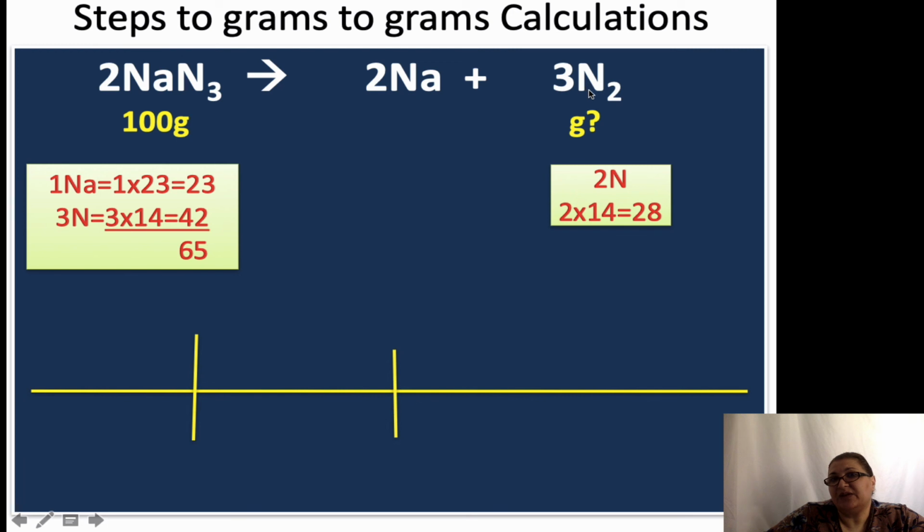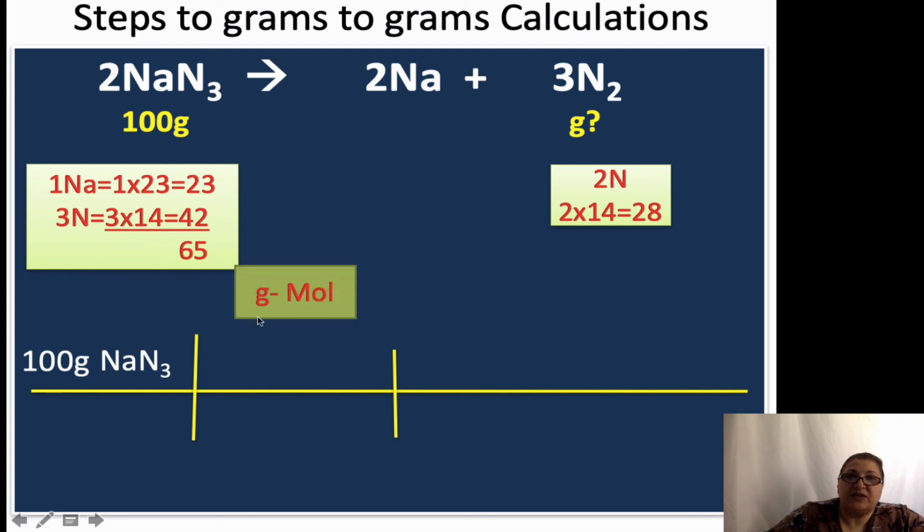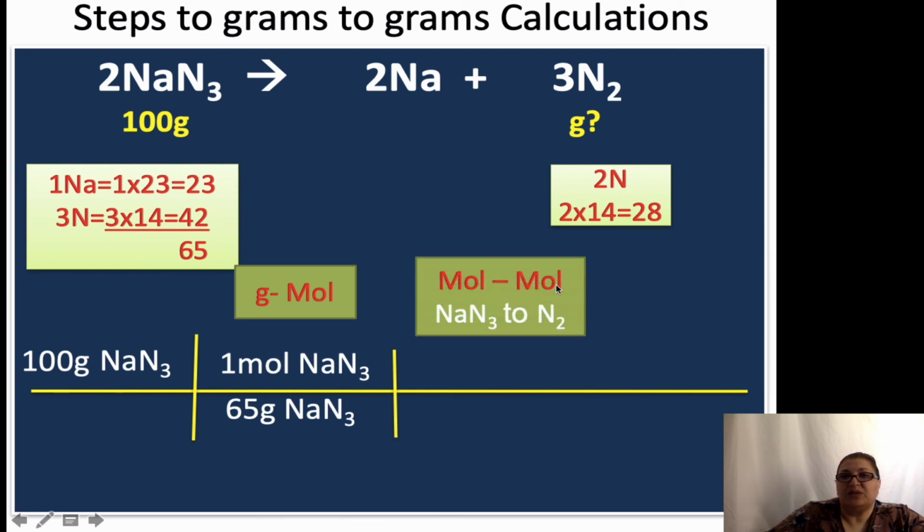And then for nitrogen, 2 nitrogen times 14 gives us 28. We always start with what's given, which is 100 grams of sodium nitride. We have 65 here, so grams to moles we divide by the molar mass, always per 1 mole. And then moles to moles, moles of sodium nitride to nitrogen, it's 3 to 2 mole ratios.